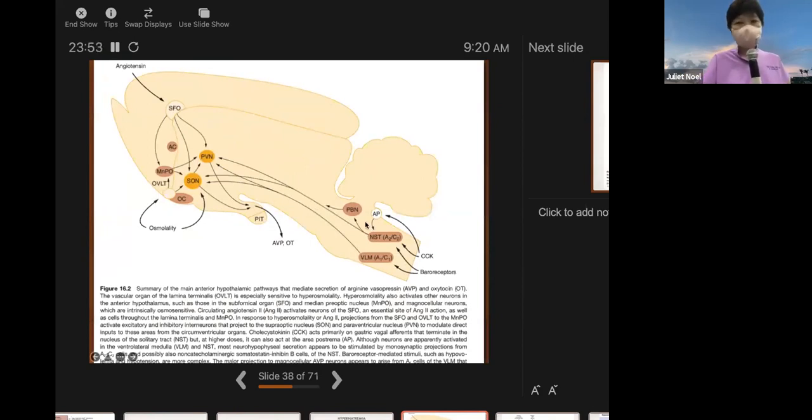Okay? So this is the antidiuretic hormone, our vasopressin. So where it acts.